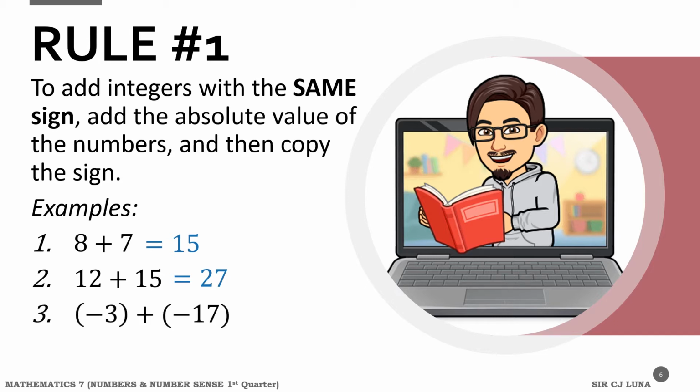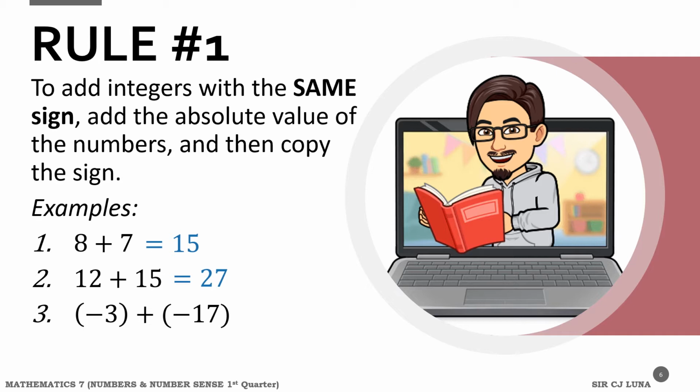Okay? Number 3. Negative 3 plus negative 17. So again, pareho sila ng sign, which is negative. So gagawin mo lang, add mo yung kanilang absolute value. Meron tayong 3 plus 17. Ano ang 3 plus 17? 20.